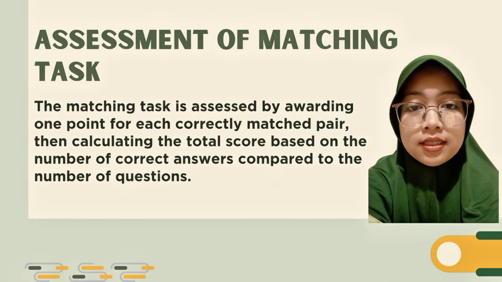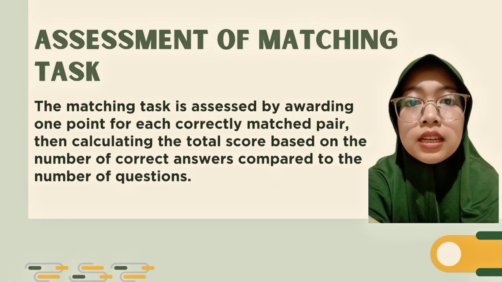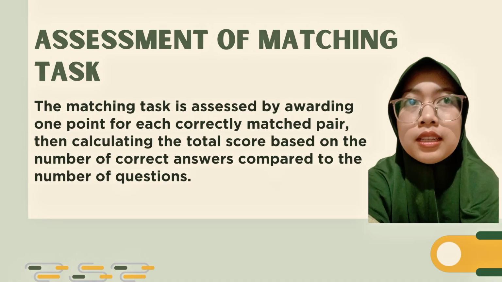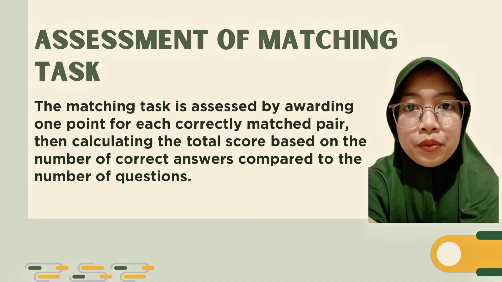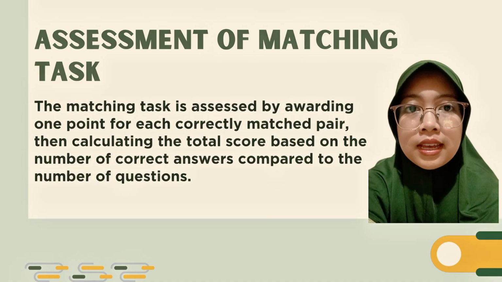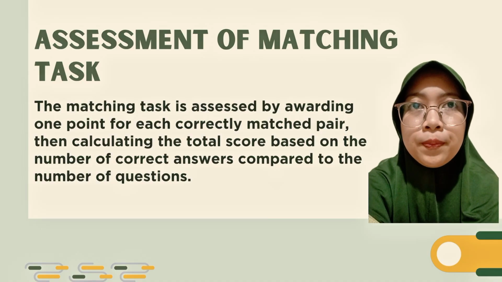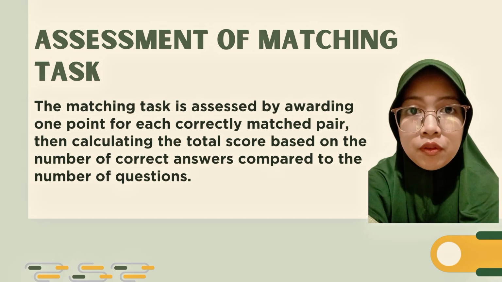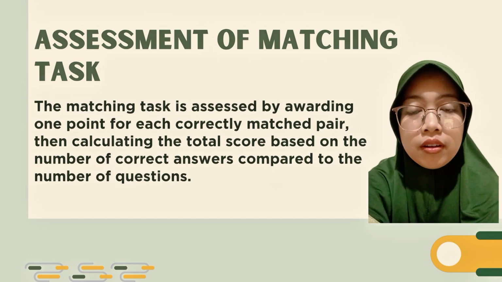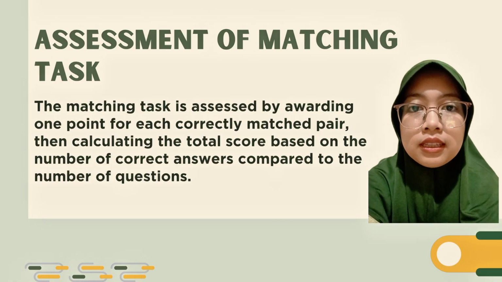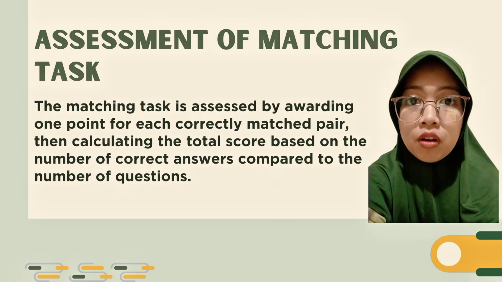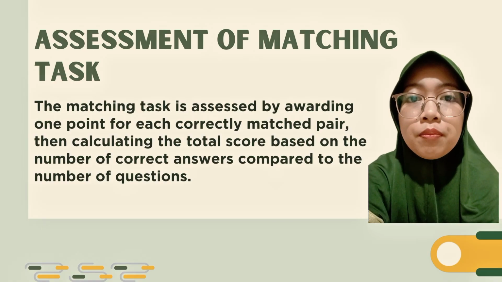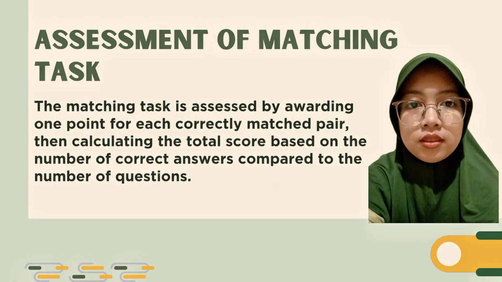Lastly, the matching task is assessed by awarding 1 point. This is like a scoring rubric. So the assessment of the matching test is just awarding 1 point for each correctly matched pair, then calculating the total score based on the number of correct answers compared to the number of questions.